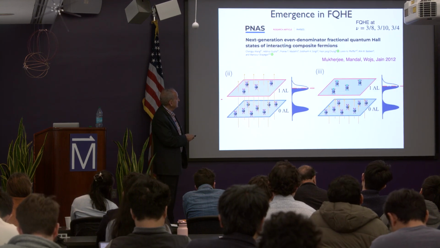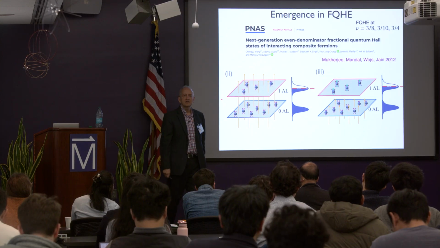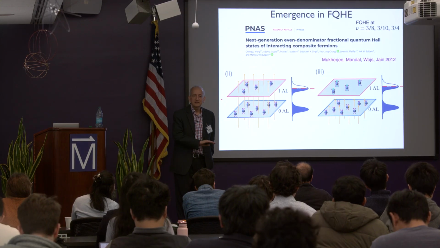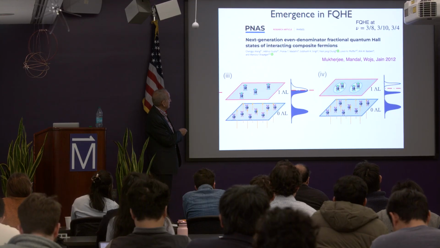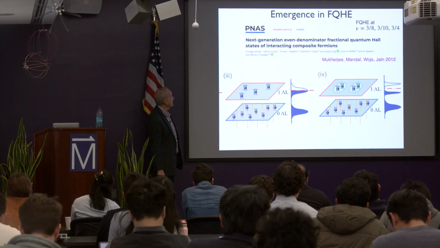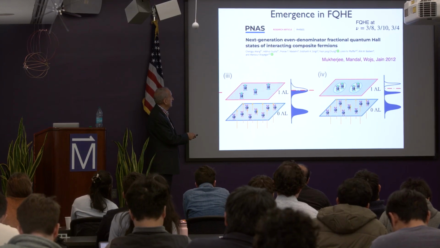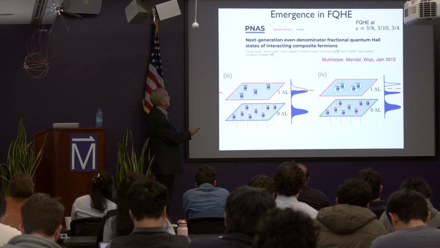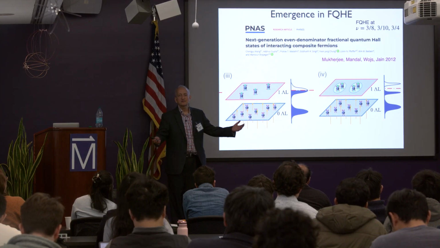But now these can bind 2 more flux quanta to become composite fermions carrying 4 flux quanta, and they see 0 magnetic field. But this is not the end. This would give a Fermi sea, but they actually pair. The prediction is they form an anti-Pfaffian state, and this is what is responsible for the fractional Hall effect at 3/8.